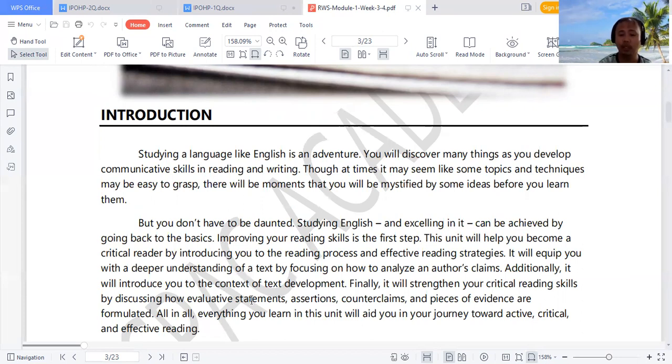Finally, it will strengthen your critical reading skills by discussing how evaluative statements, assertions, counterclaims, and pieces of evidence are formulated. All in all, everything you learn in this unit will aid you in your journey toward active, critical, and effective reading. All right, so let's proceed.